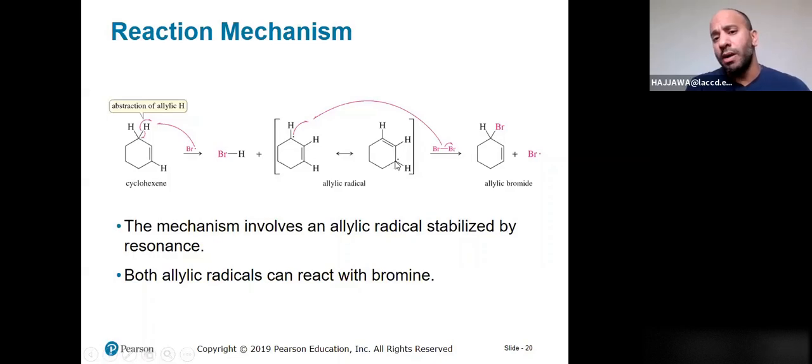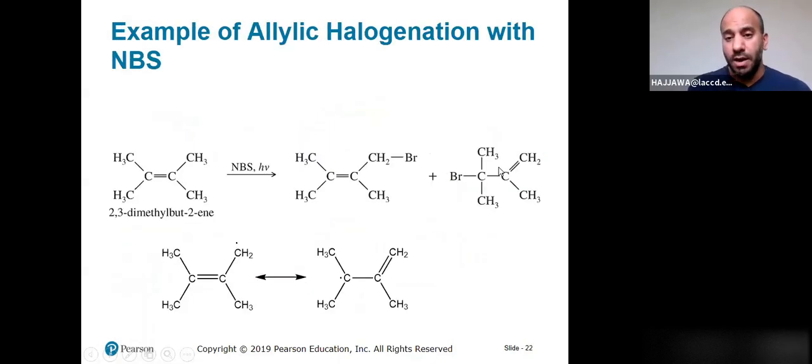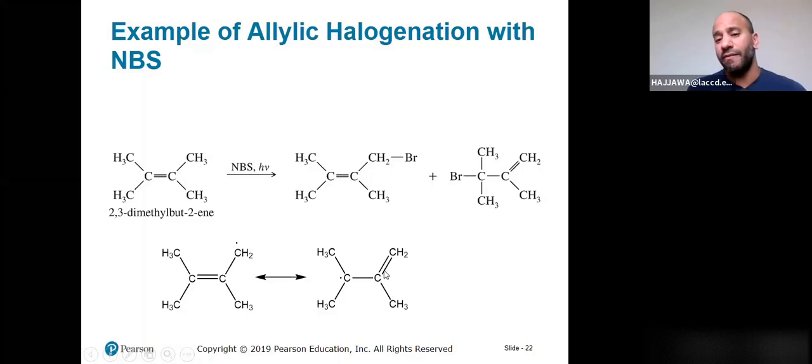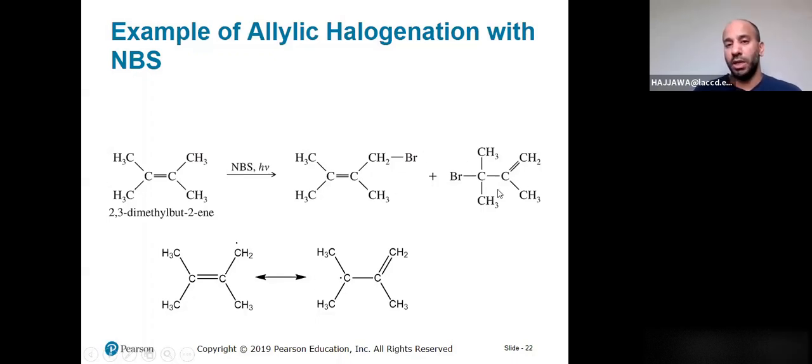So whether you brominate this or you brominate that, you end up having the same exact structure. Both of these will end up making 3-bromocyclohexene. But here, the two structures are different. One is a primary allylic and one is a tertiary allylic. So you cannot ignore one of them when it comes to the outcome of the radical halogenation in this reaction.